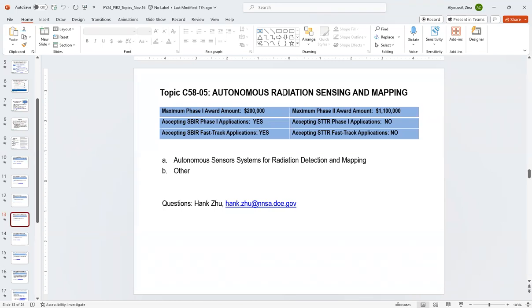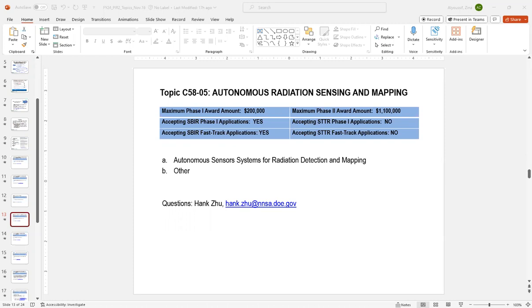Yeah, so topic 58-05 is about autonomous radiation sensing and mapping. As many of you know, significant advancements have been made over the years, especially in robotics and autonomous navigation. These technologies have begun to infiltrate the field of radiological and nuclear detection in recent years, but it's still in its infancy.